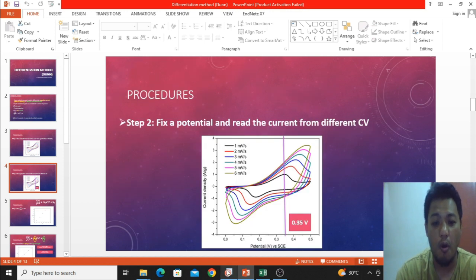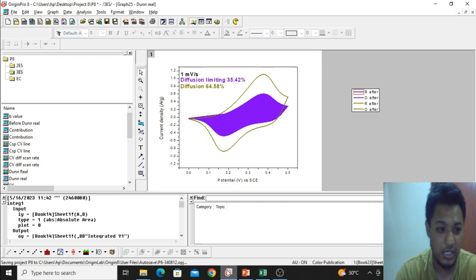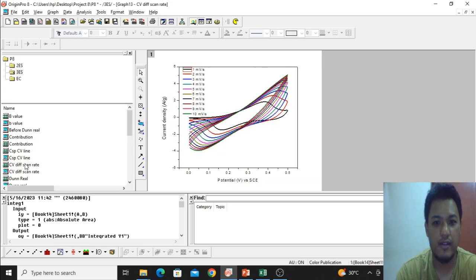So go to your Origin, because you are plotting your graph in Origin. Okay, this is a different type of example I've given because it's from a different paper. So let me show you some of the CV with different scan rates.